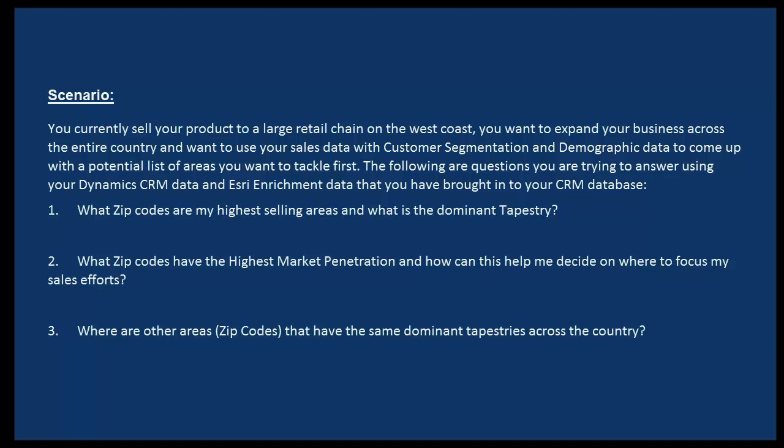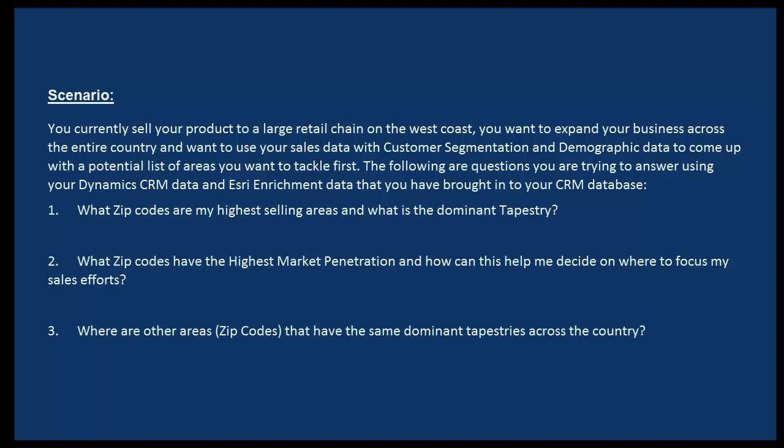The following are questions you are trying to answer using your Dynamics CRM data and Esri enrichment data that you have brought into your CRM database using Esri's workflow. The first question: what zip codes are my highest selling areas and what is the dominant tapestry? The second: what zip codes have the highest market penetration and how can this help me decide on where to focus my sales efforts?